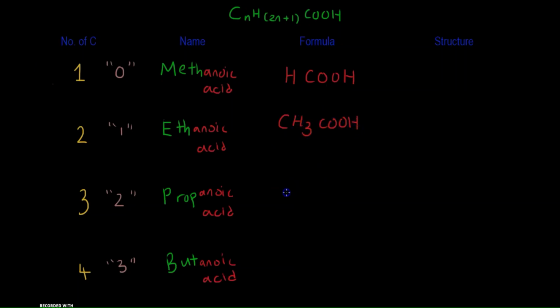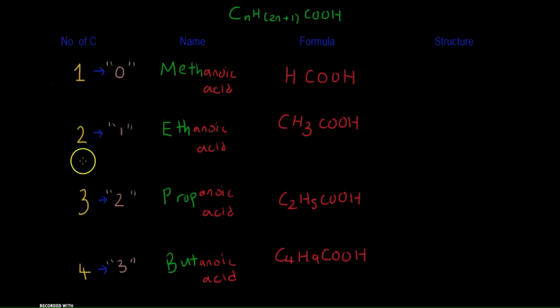So with the rest, let's just write it out before I work it out for you. The final one, C4H9COOH. So this is something that a lot of students will find confusing, like what is going on. Just really minus 1 for everything, and that will make a lot of sense.